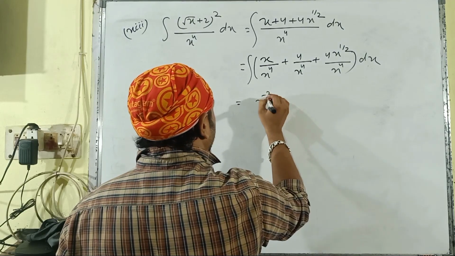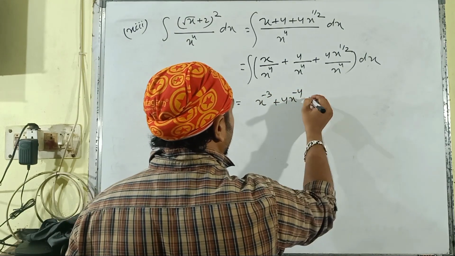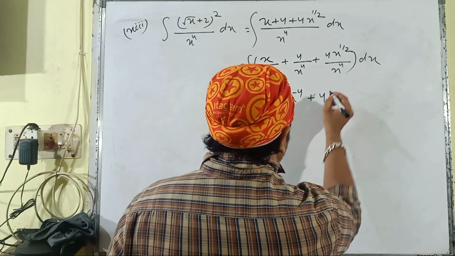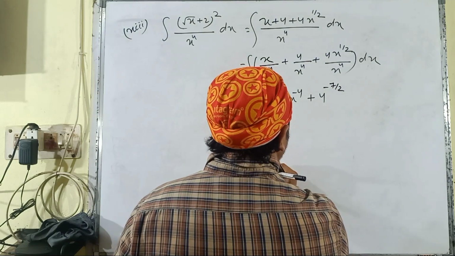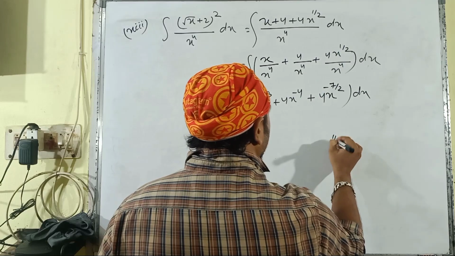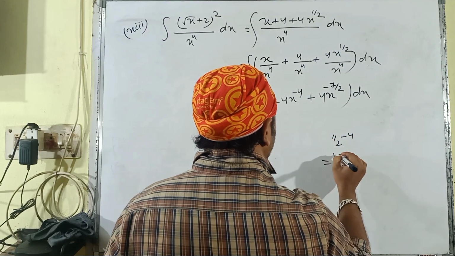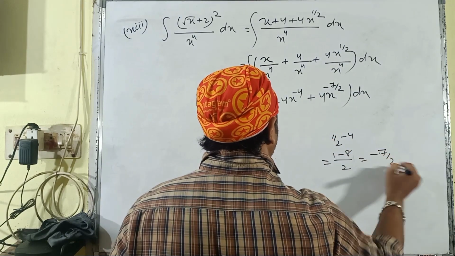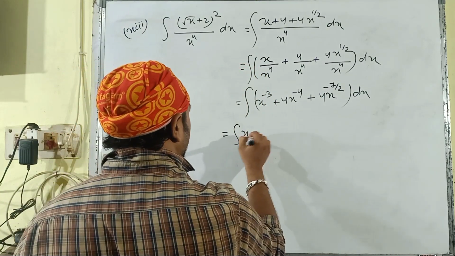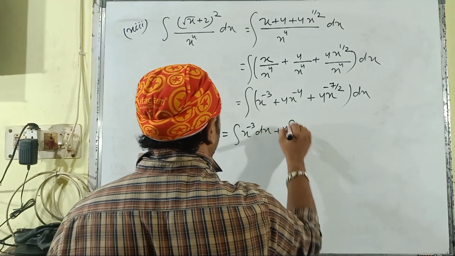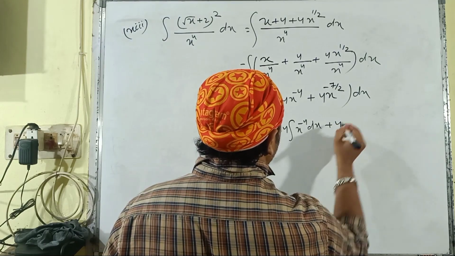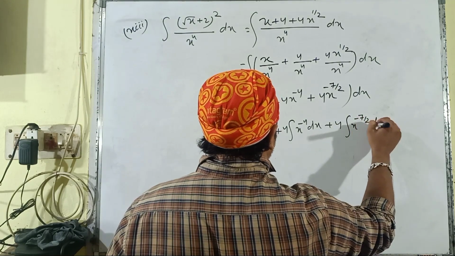Then it is x to the power minus 3 plus 4x to the power minus 4 plus 4 into x to the power minus 7 by 2. Here 1 by 2 minus 4, it is 1 minus 8 over 2, it is minus 7 by 2. Then we have to apply the algebra of integration: x to the power minus 3 dx plus 4 multiplied with x to the power minus 4 dx plus 4 multiplied with x to the power minus 7 by 2 dx.